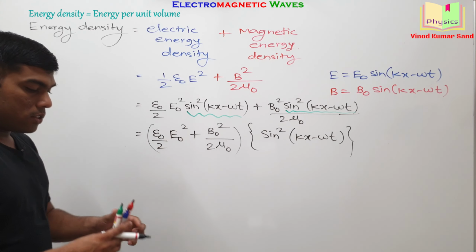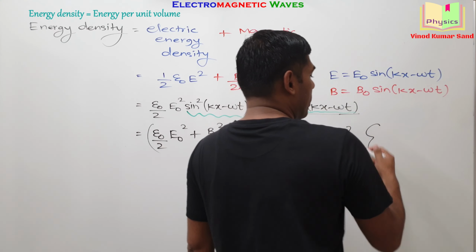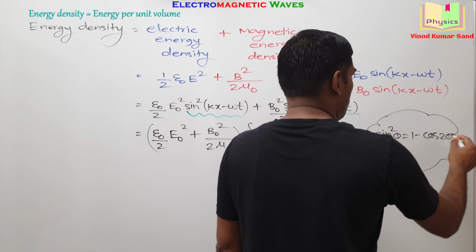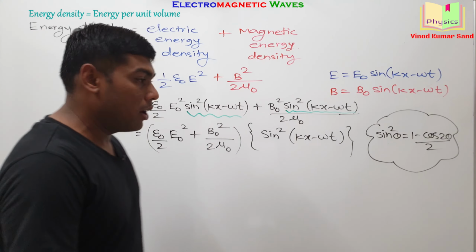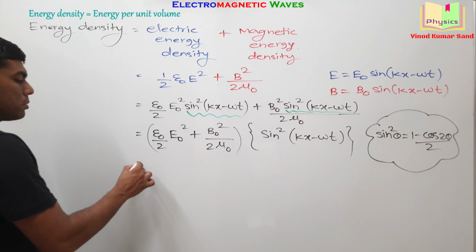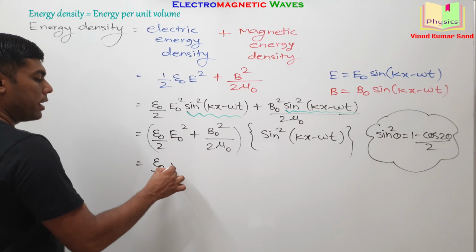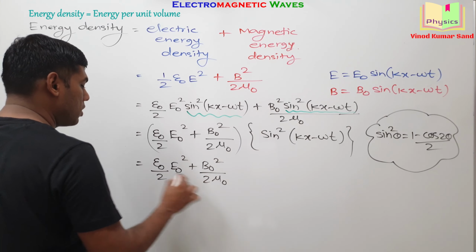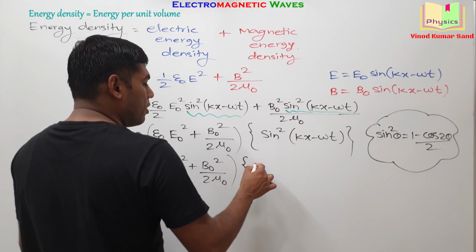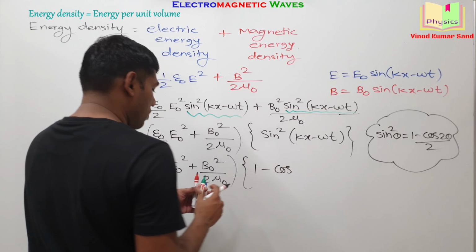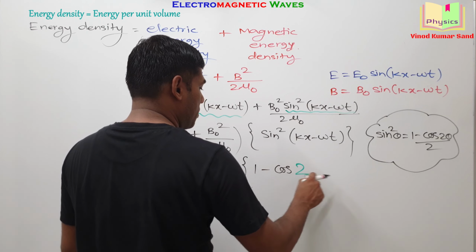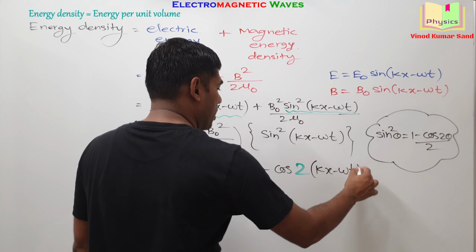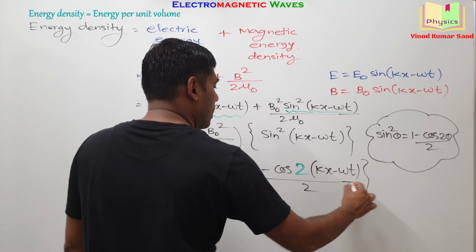Fine. Now the sine square theta can be written as 1 minus cos 2 theta by 2, by trigonometry. I hope you remember this formula. So I'm doing the replacement here. Epsilon naught by 2 E naught square plus B naught square by 2 mu naught, and here comes 1 minus cos of, this factor is pretty important, 2 into kx minus omega t, by 2.